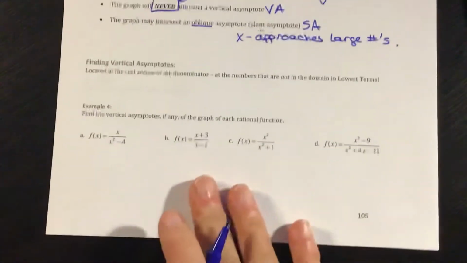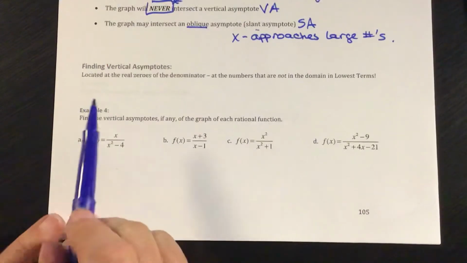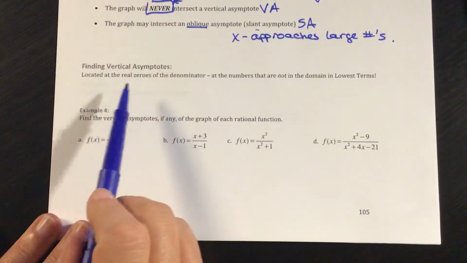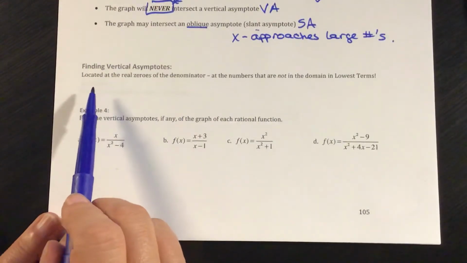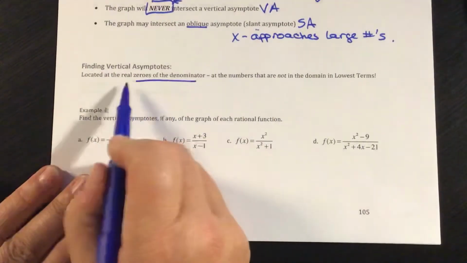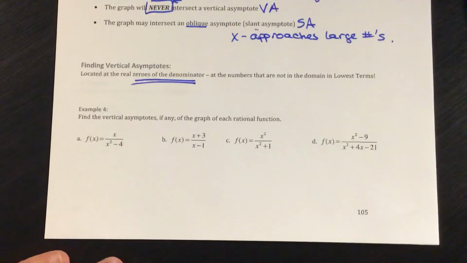All right, so vertical asymptotes. If I wanted to find a vertical asymptote, I need to look for the zeros in the denominator. And this is going to tell me where my x values cannot be, where we don't have an x value on our graph.